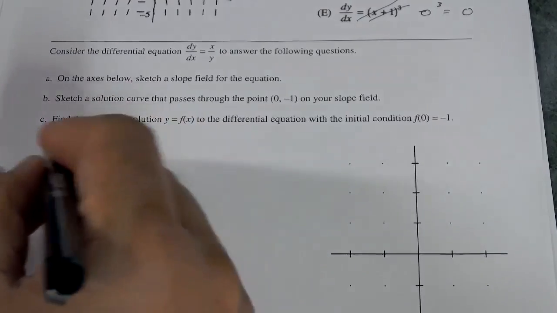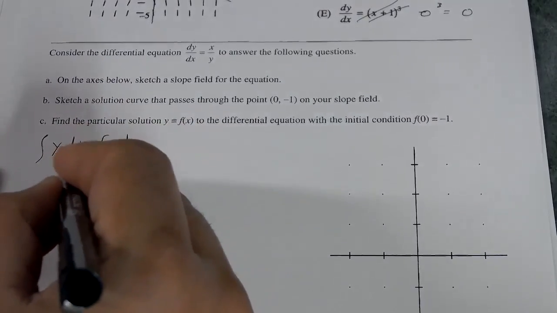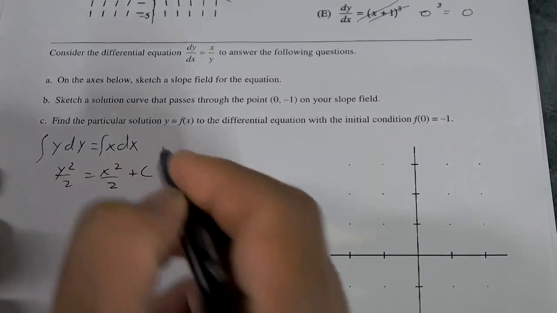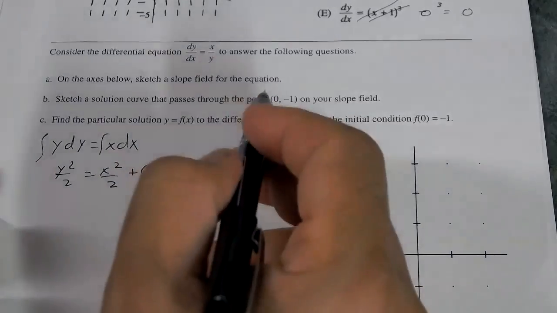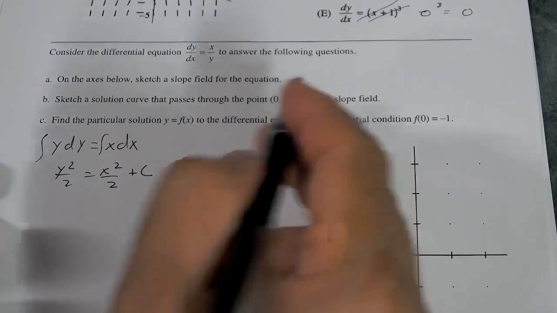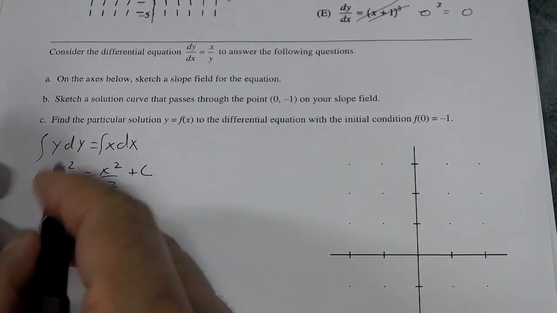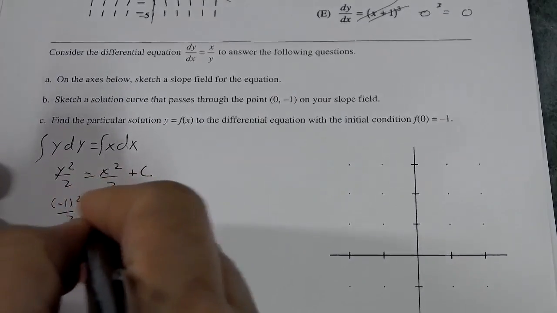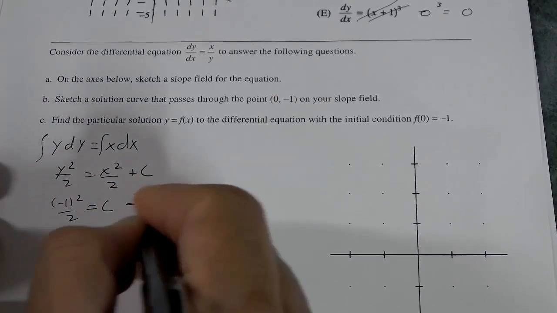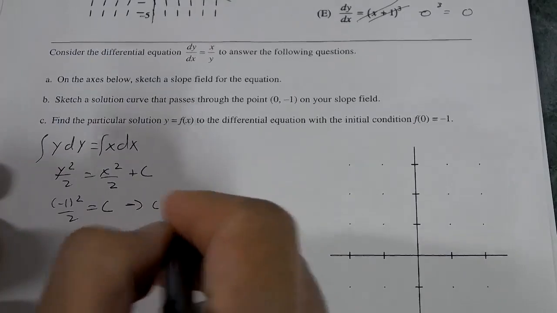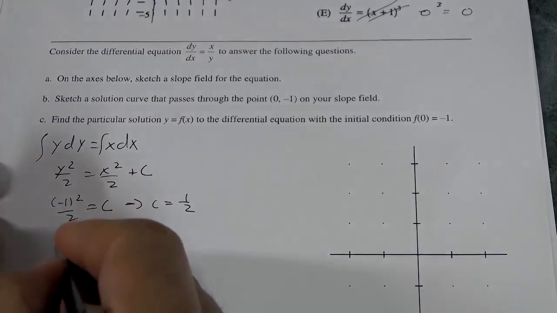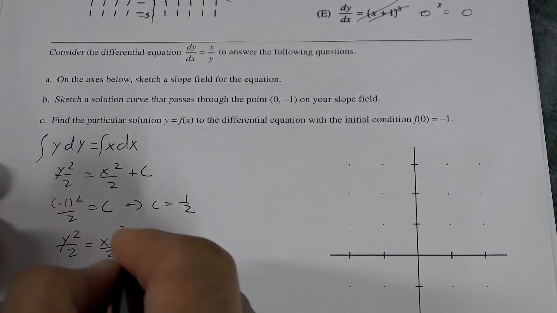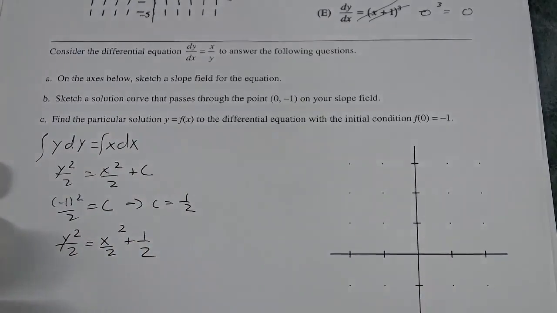So when we integrate, y squared over 2 equals x squared over 2 plus c. Since I want the point 0, negative 1, x is 0, y is negative 1. So we end up with negative 1 squared over 2 is equal to c, which gives me c equaling 1/2. So y squared over 2 equals x squared over 2 plus 1/2.